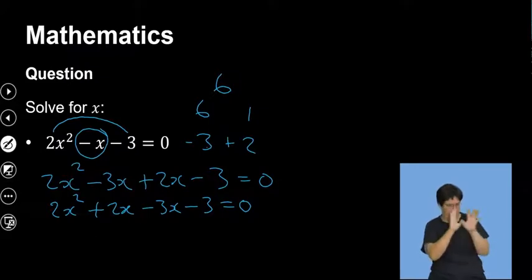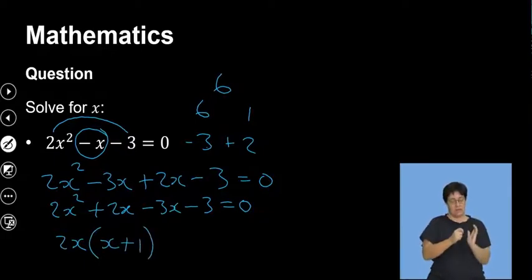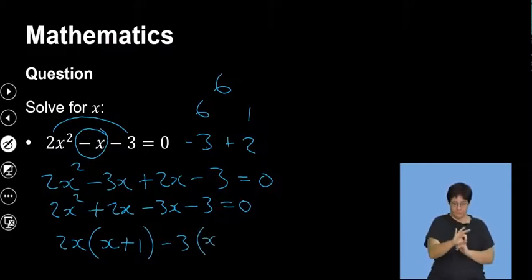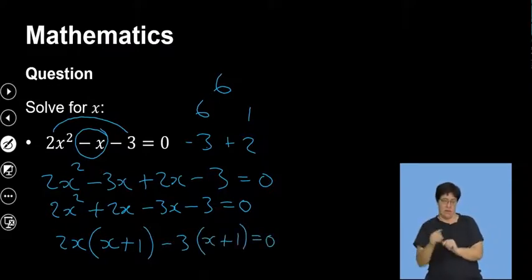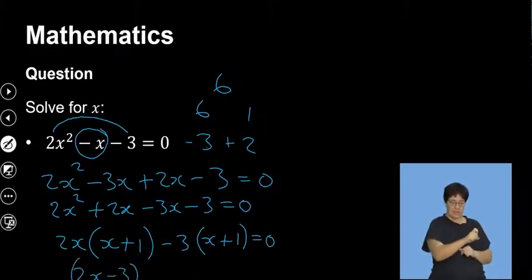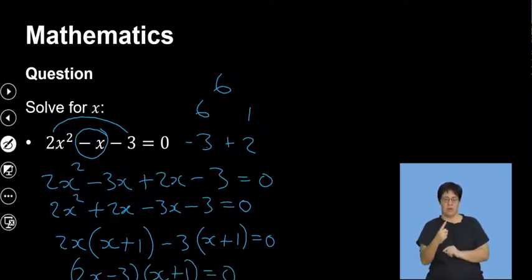So here my common factor will be 2x into x plus 1. And then my common factor here will be minus 3, which will be into x plus 1 equal to 0. Then already you can see my factors will be 2x minus 3 and x plus 1 equal to 0.